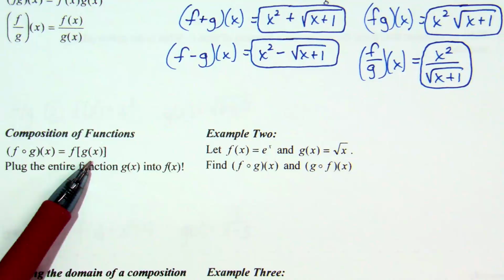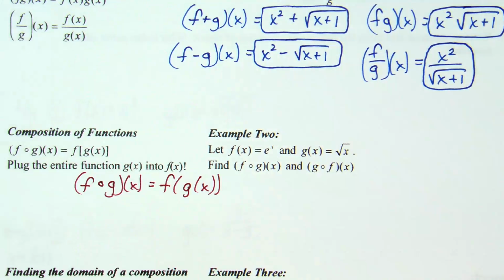Let's start by finding what I call f o g. What does f o g mean? F of g of x. Now, by all means, if you can just jump to the answer, go for it. But the idea is g of x is going to go into f of x. What is g of x? G of x is square root of x.